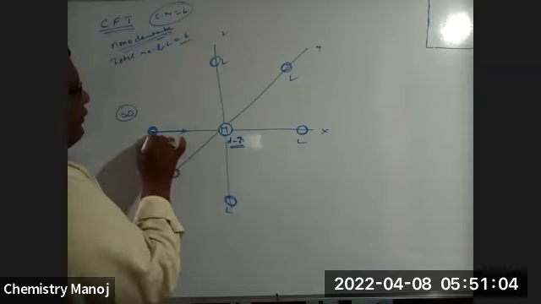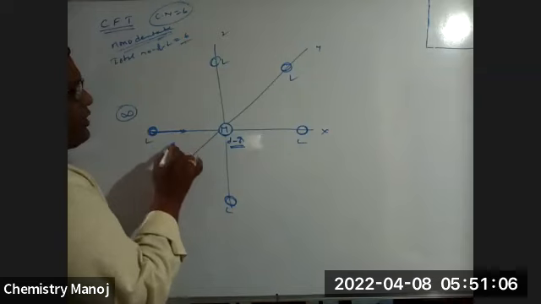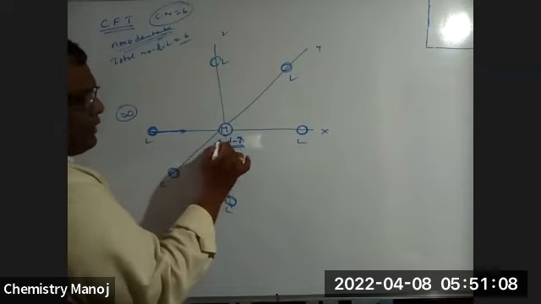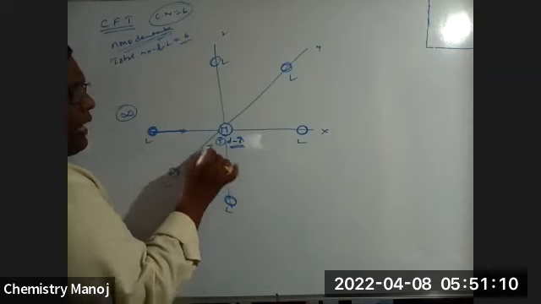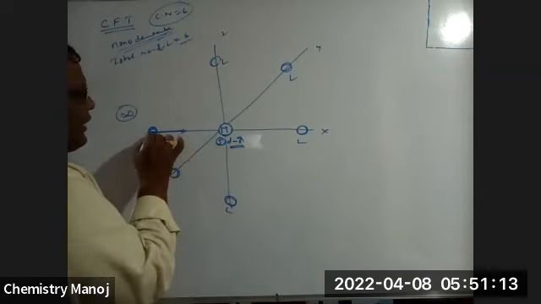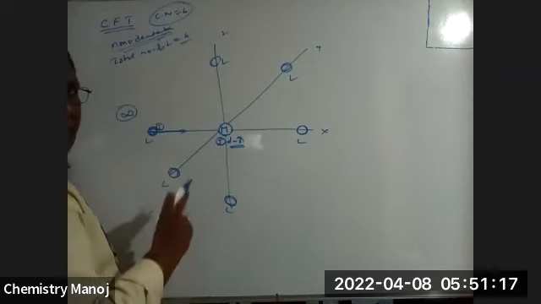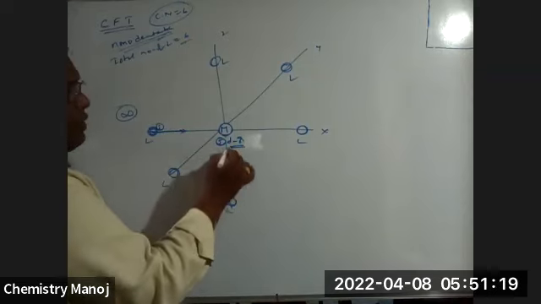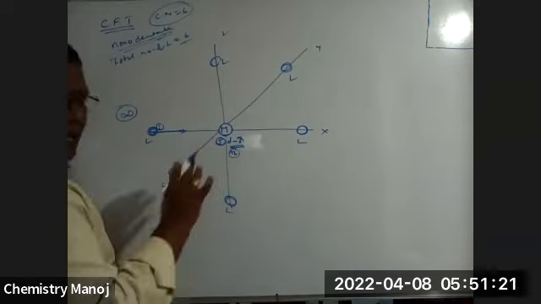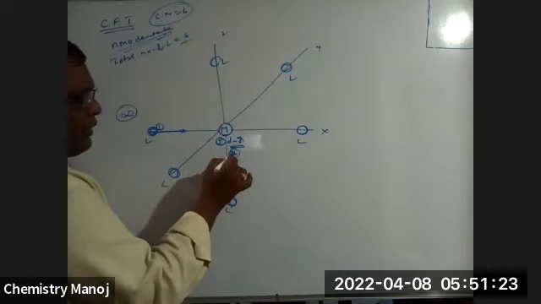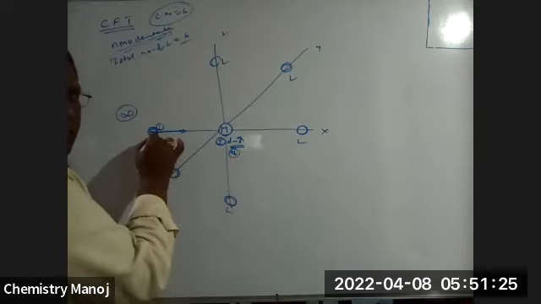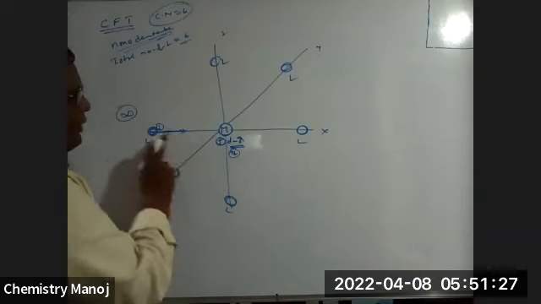See, my dear, when they are approaching nearer to each other, how many d orbitals are there? 5 d orbitals are there. Because the ligand is nothing but a lone-paired species, it can donate its electron pair to the metal. Now, the d orbitals also have electrons. With these electrons and these electron pairs, there should be some repulsion.